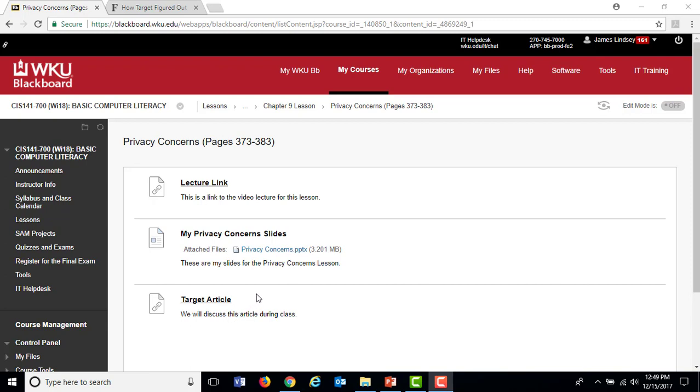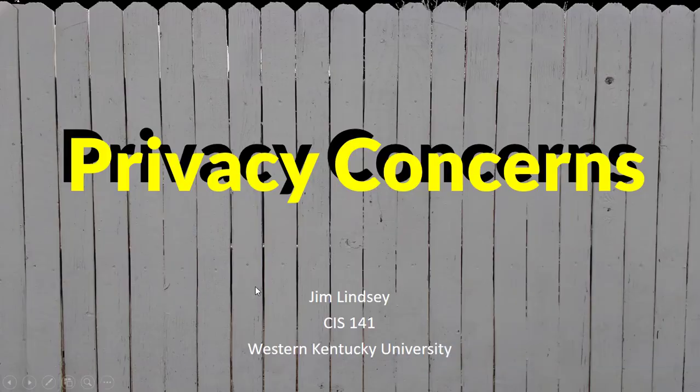So let's get started. We're talking about privacy, and essentially privacy is your ability to not have others learn information about you unless you want them to. It's the last little section of chapter 9, and they present you with some information saying, did you know that information about you is stored in a variety of different databases?